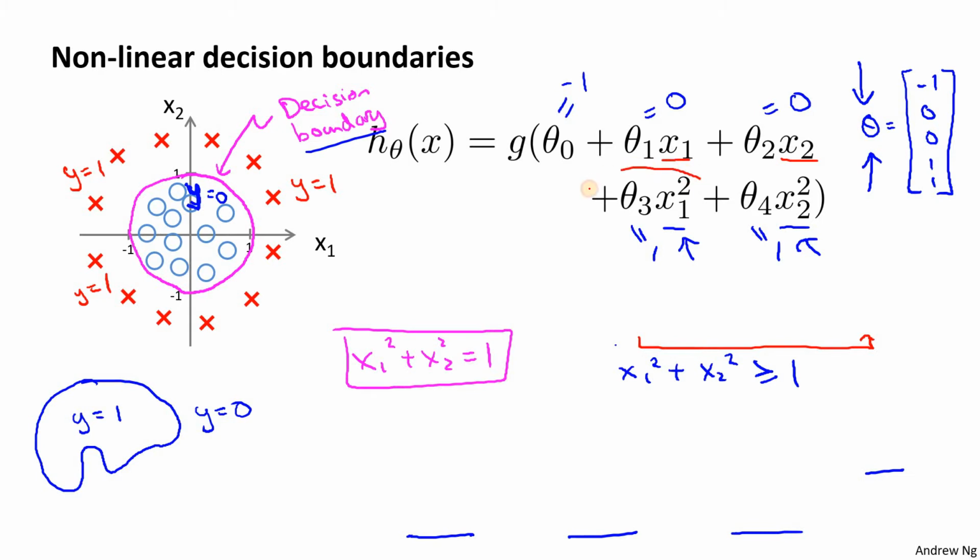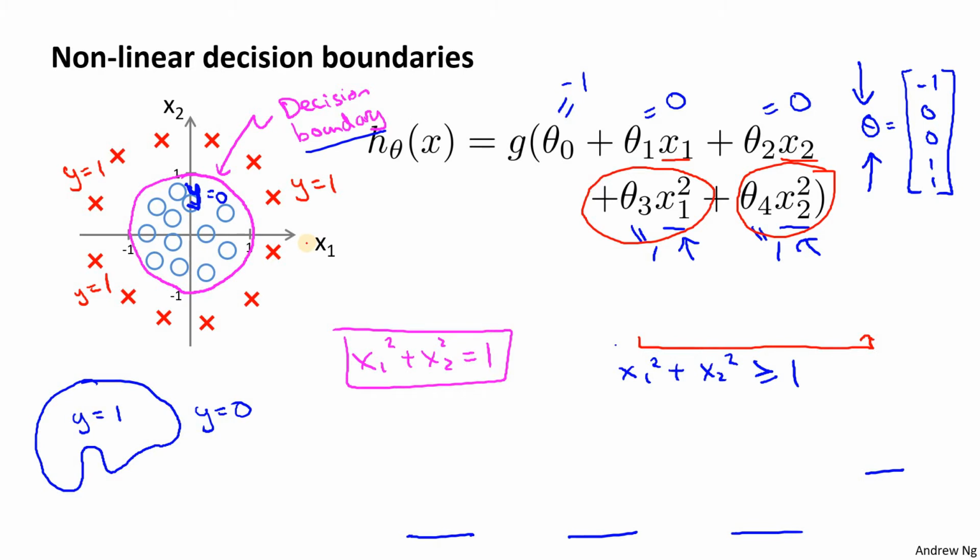These terms make this function non-linear. This is no more a straight line or a plane. If you see this circle, it is represented by this formula in pink: x1 square plus x2 square equal to 1, where 1 represents I think the radius of this circle.